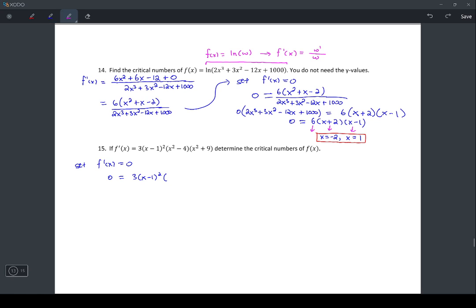Now x squared minus 4 factors into two terms, x minus 2 times x plus 2, it's a difference of squares. So I'll factor it. And then the x squared plus 9 does not factor.